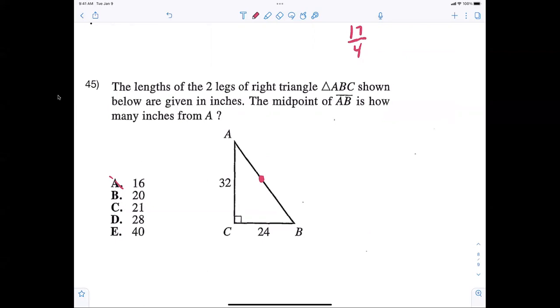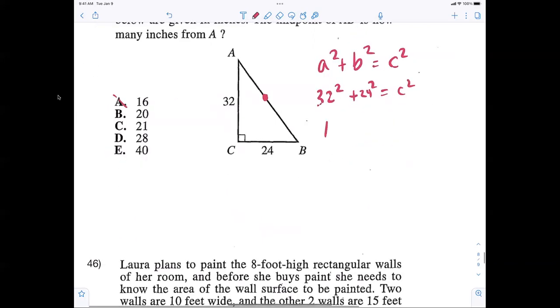So how are we gonna do this? Yeah, it's definitely A squared plus B squared equals C squared. So 32 squared plus 24 squared equals C squared. 32 squared is 1024, 24 squared is 576.